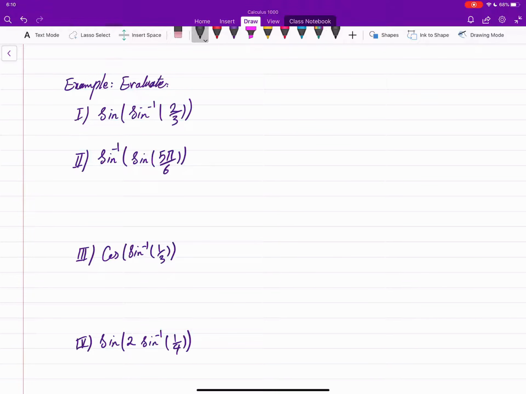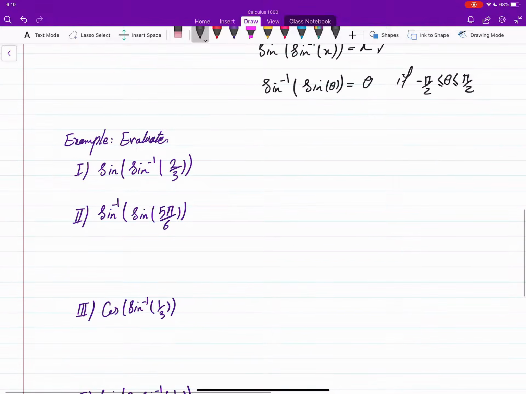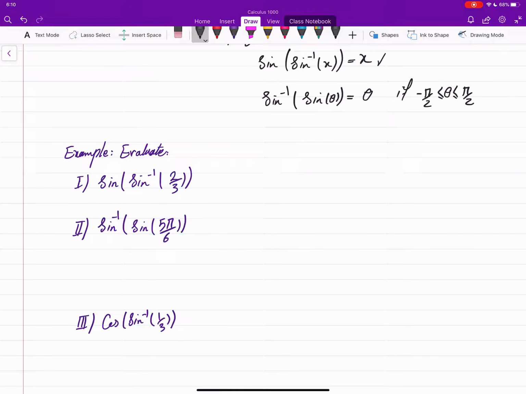Well, the first thing is that sine of sine inverse always gives you back the number. That is always true. But in the second example, you notice sine inverse of sine of 5π/6. If I just write this as 5π/6, I'm making a very, very bad mistake, because you see sine inverse always gives us an angle between -π/2 and π/2.